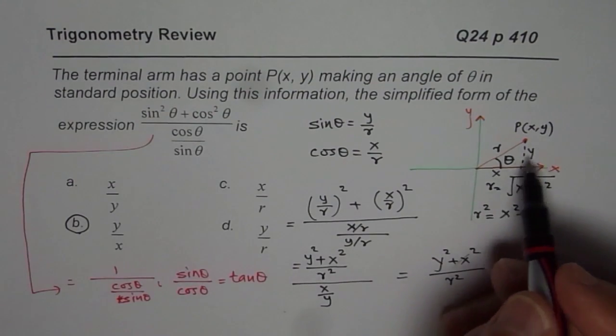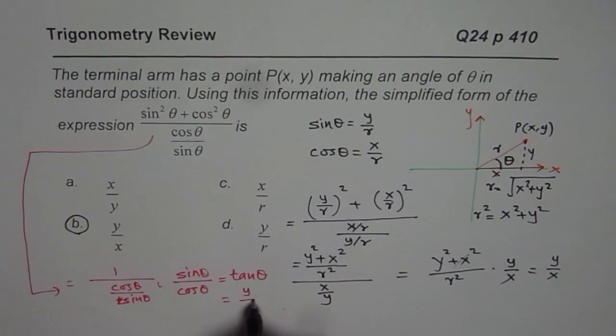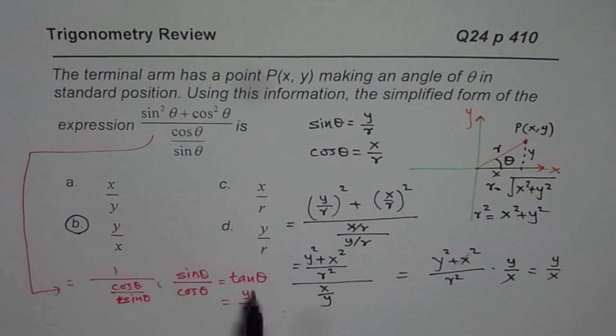Now what is tan theta? Tan theta is y over x. So we could use trigonometric identities which we know about to find the answer quickly.